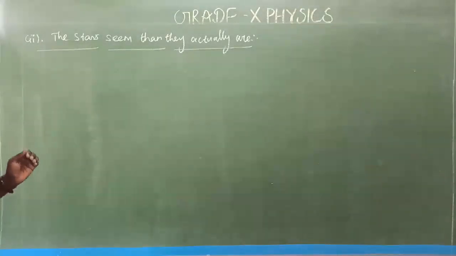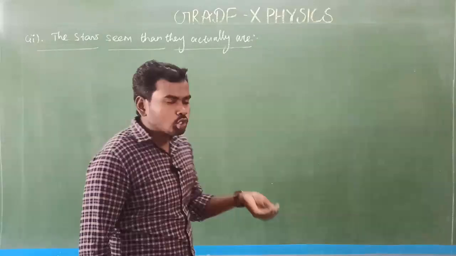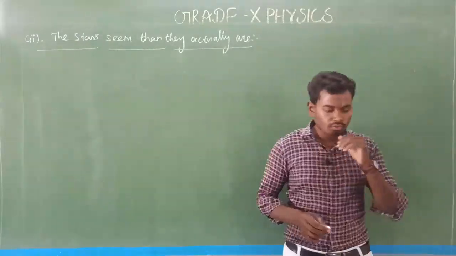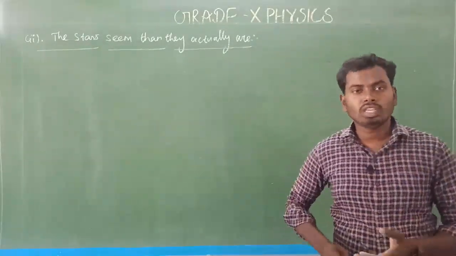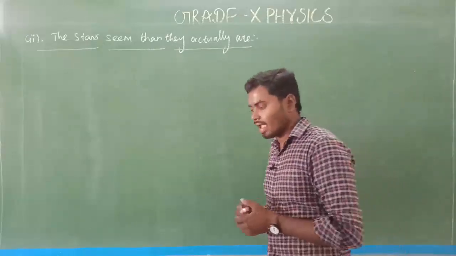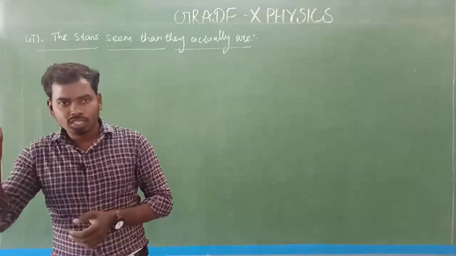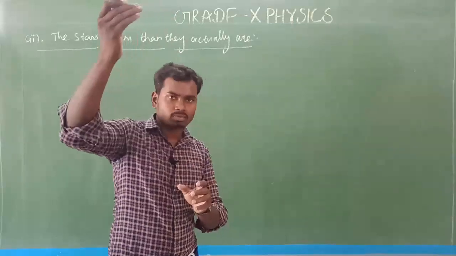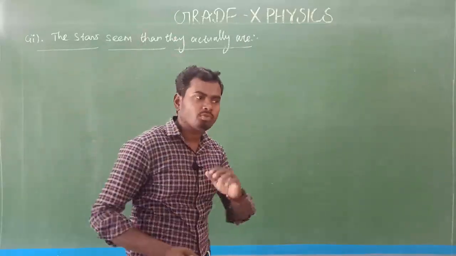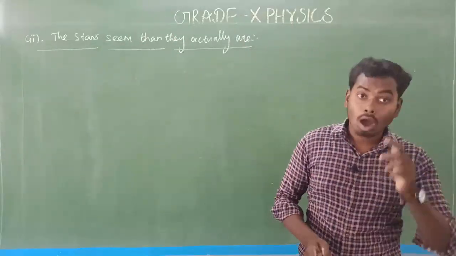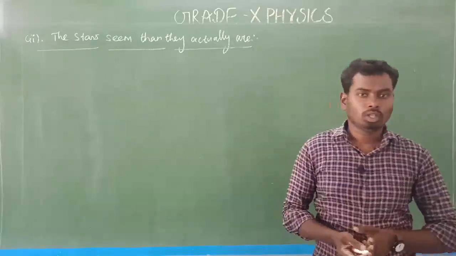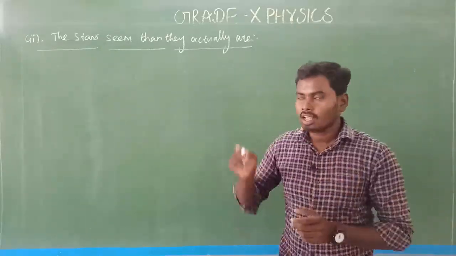The stars seem higher than they actually are. Which means if we observe the star at a clear night, that star position appears to be raised. What is the point? Appears to be raised from its actual position. Appears to. Isn't it? Is it clear? Yes. That is the second one.